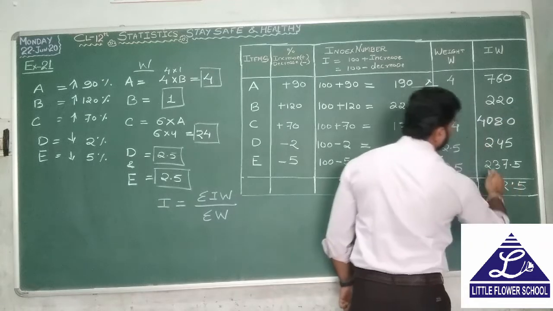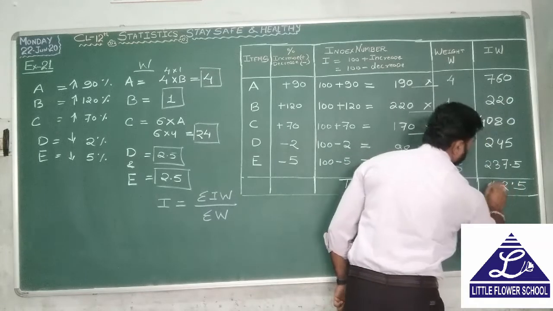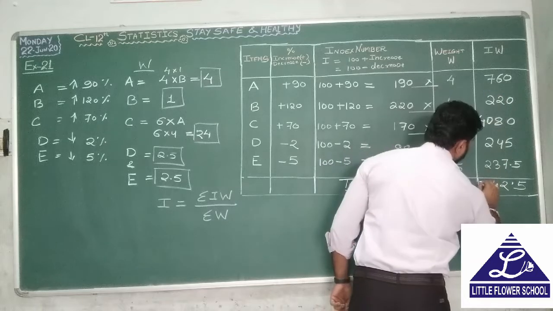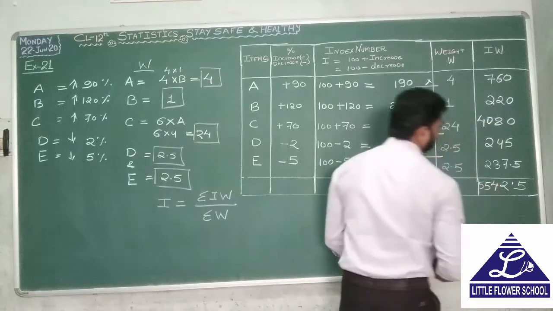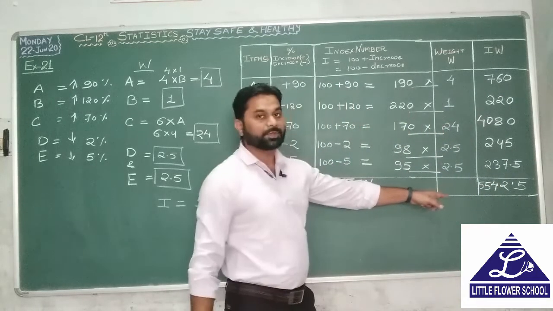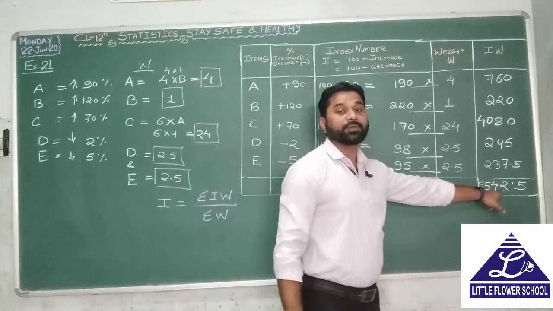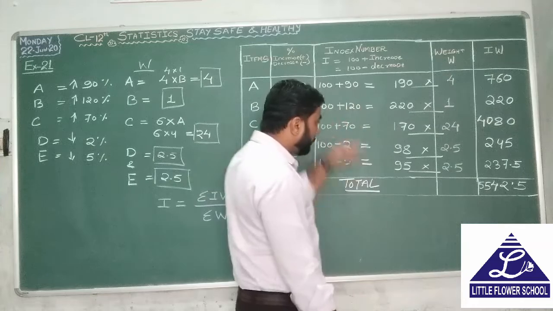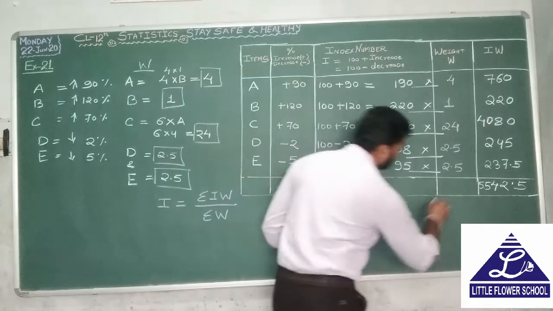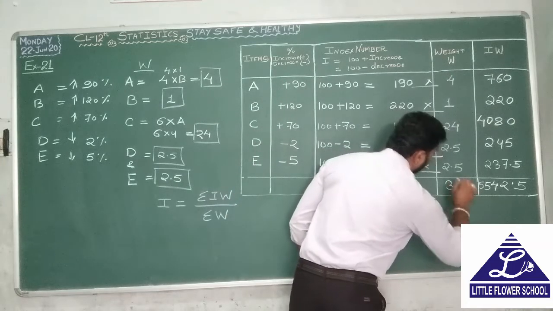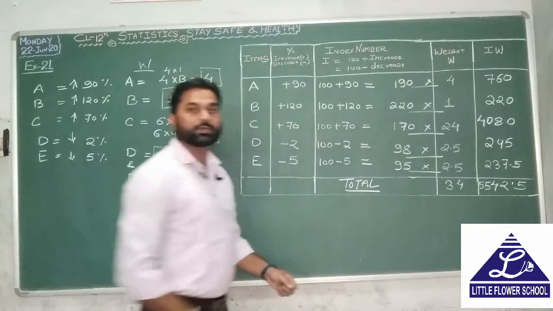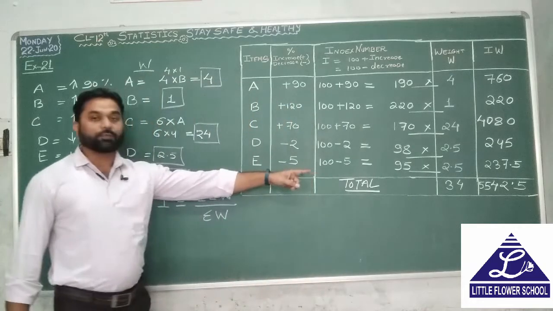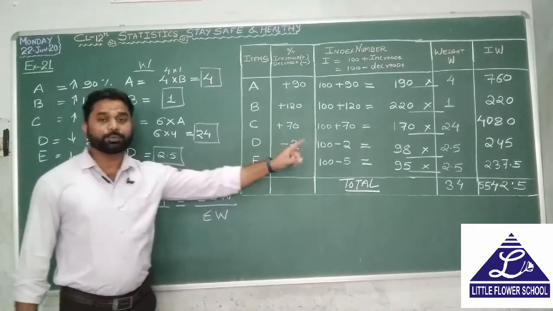This will be the total 5542.5. And the total of the weights will be 34. Now we have obtained the values of sigma IW and sigma W.